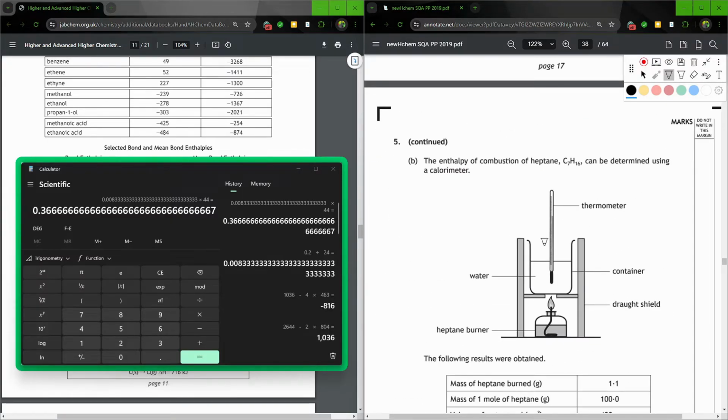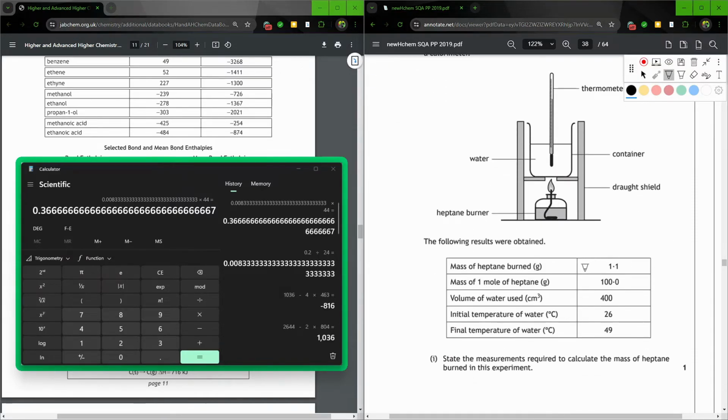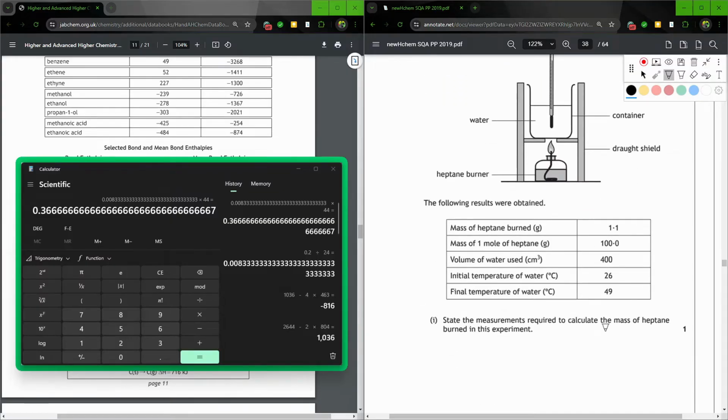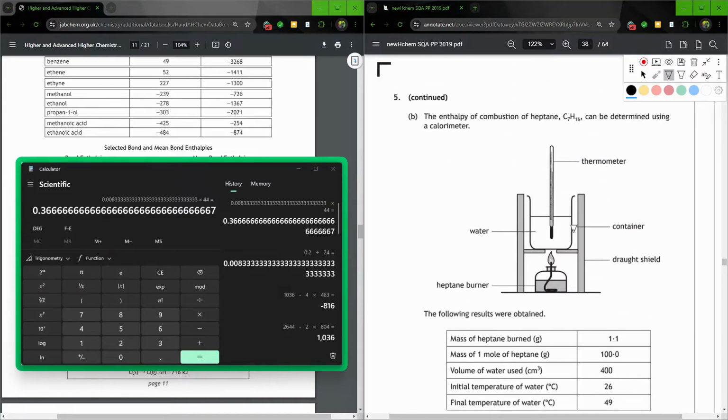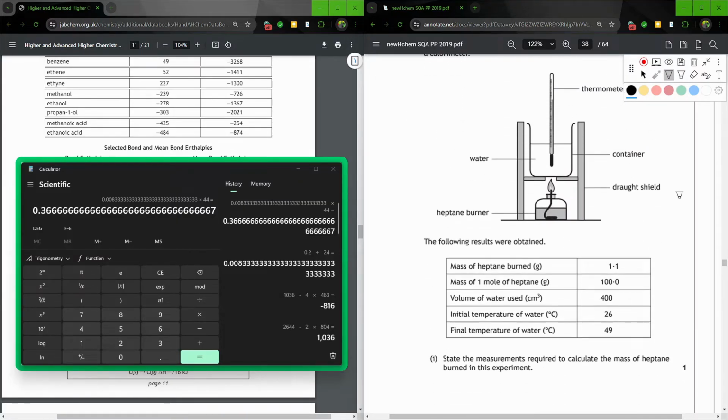The enthalpy of combustion of heptane, C7H16, can be determined using a calorimeter. The following results were obtained. State the measurements required to calculate the mass of heptane burned in this experiment. Well, think about it. What would you do? I would probably take the heptane burner, measure it beforehand, and then measure it afterwards and calculate the difference. So let's do that.